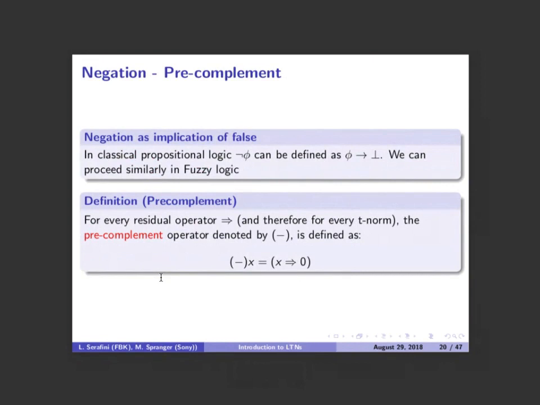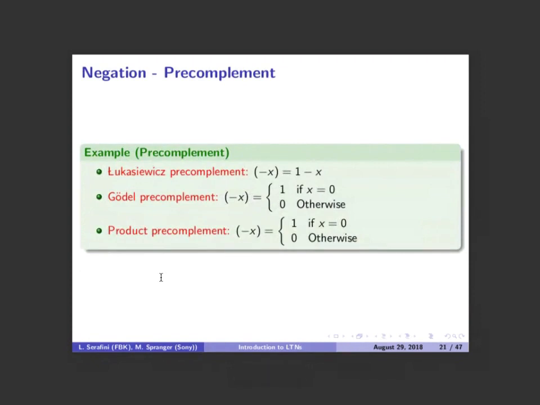Equally, for negation, we can define not phi as phi implies bottom, as you could do in any classical logic. Here, with that setting and the residual, we can also apply such mapping for negation according to this. And here, Gödel and the product seem to coincide.